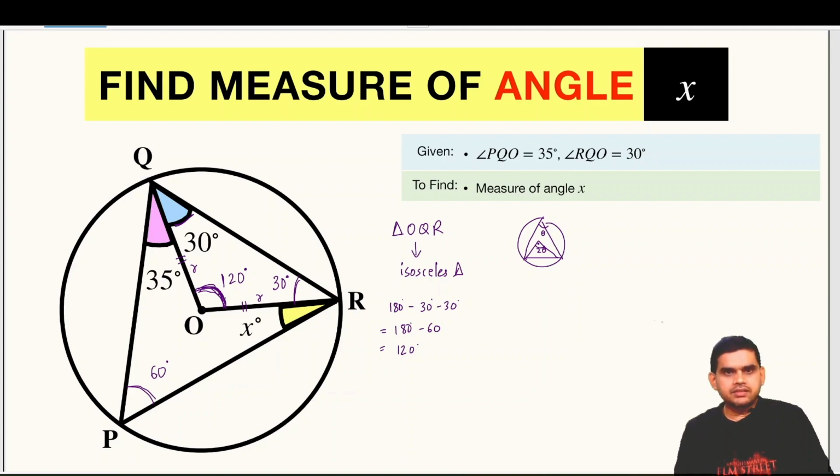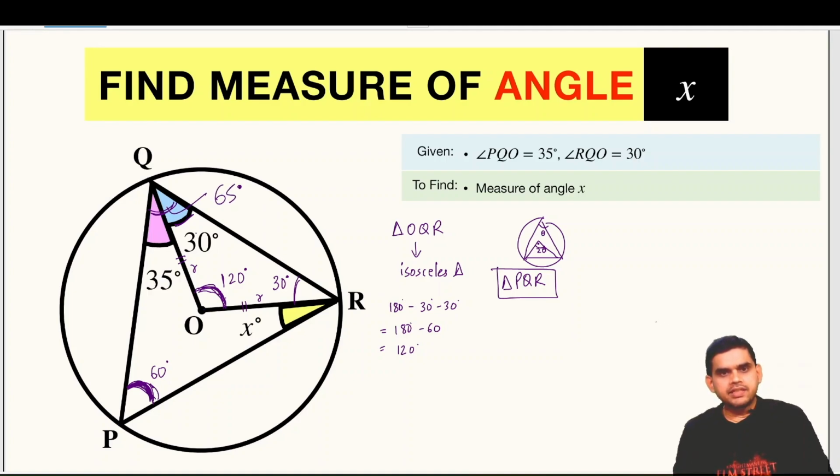So after this, let us focus on triangle PQR. In triangle PQR, this complete triangle is formed on the circumference of this circle. So this angle P is 60 degrees. Angle Q will be collectively 30 plus 35, that means 65 degrees.